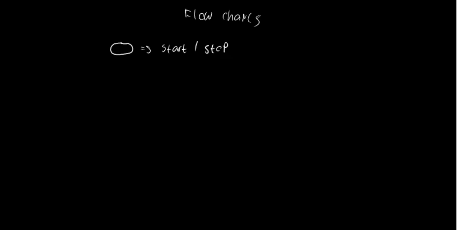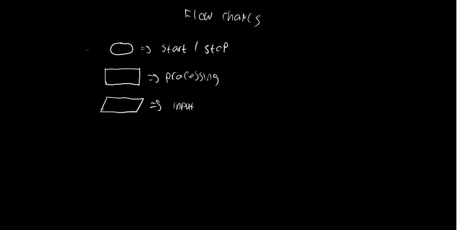Then we have the rectangle, which is used for processing. This could be adding a number, subtracting, whatever operation you want to do. Then we have, if I'm not mistaken, a rhombus, a kind of slanted rectangle. This is used for input and output, so whenever we're saying read, print, etc., we would use this.